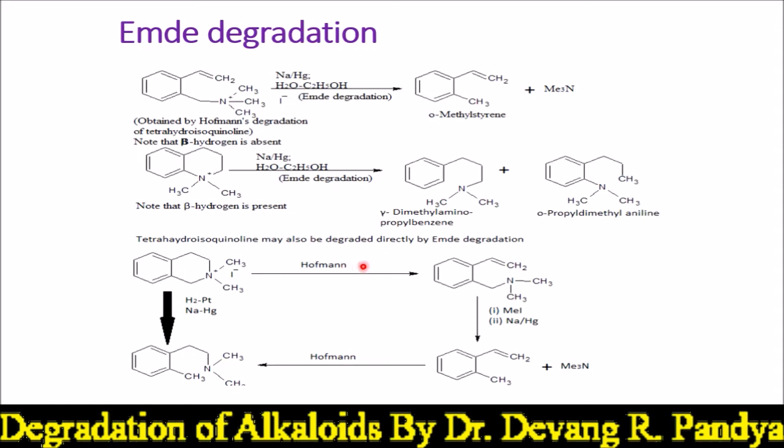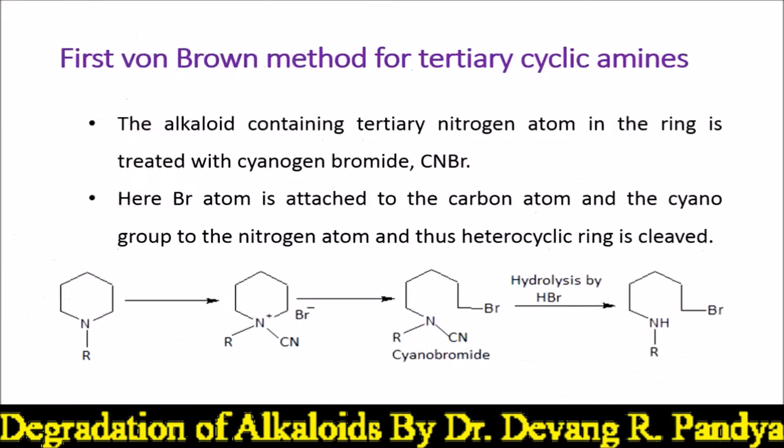Or through the Hofmann process we get this ring opening reaction, and then treated with sodium amalgam in the presence of methyl iodide, we get this o-methylstyrene. Through Hofmann degradation we can get only up to this point. So that is how MD degradation can help us to overcome the limitation of the Hofmann degradation process.